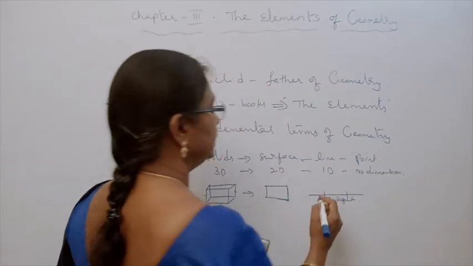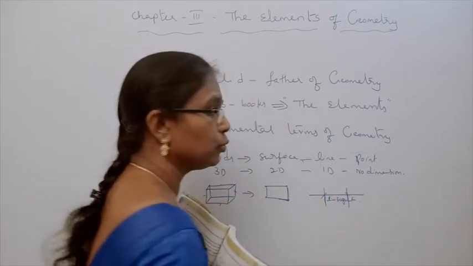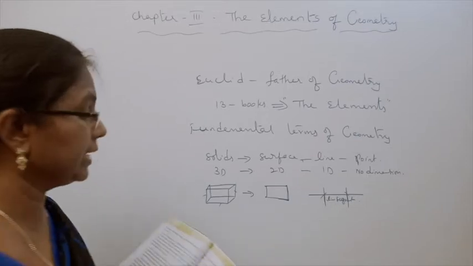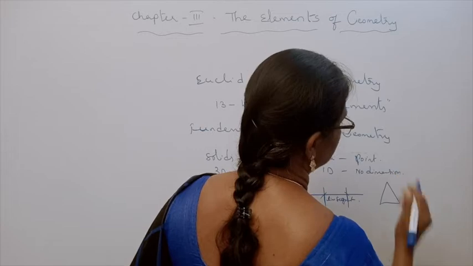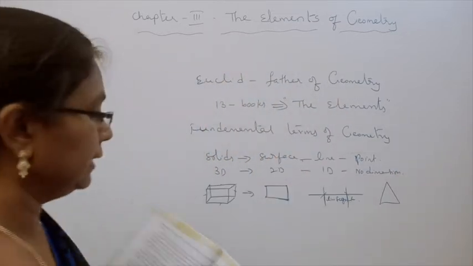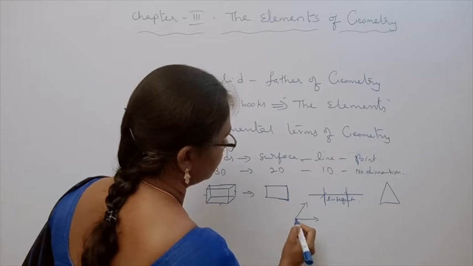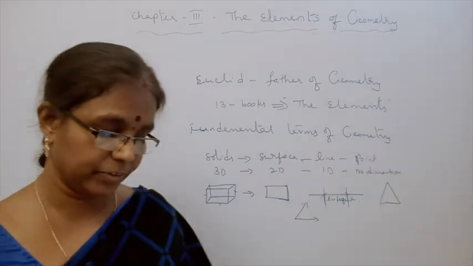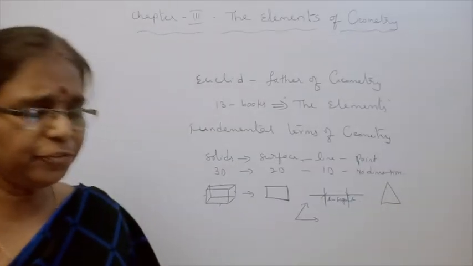With line segments we can form a triangle: 3 line segments form one triangle. And an angle means two rays with a common end point. Like this, with the fundamental terms we can define other terms like line segment, angle, triangle.